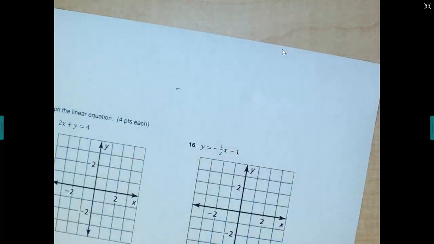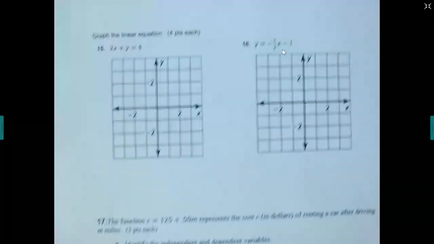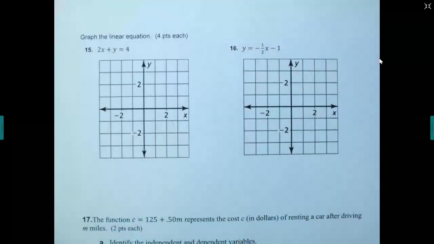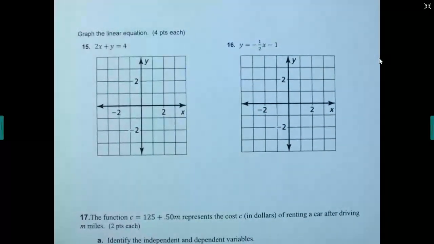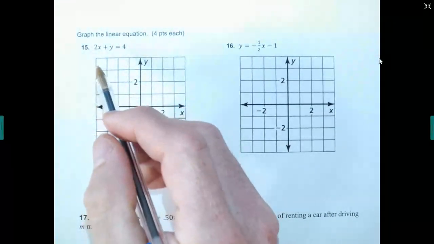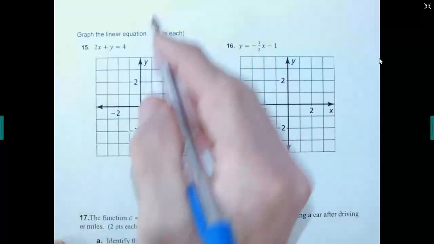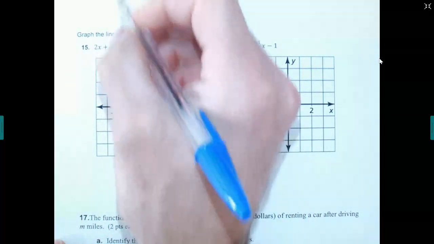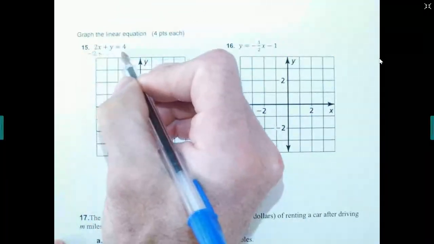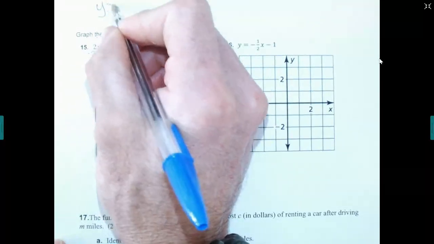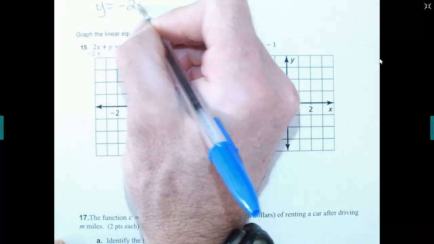Okay, moving on. Graph the linear equation. You could do this a couple ways. One way you could do it is you could get your zeros. You could find your x and y intercepts. Another way you could do it is you could turn this into y equals mx plus b. So minus 2x, minus 2x. So you have y equals negative 2x plus 4.